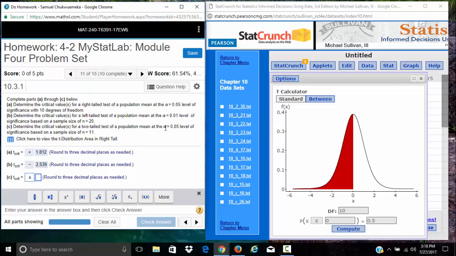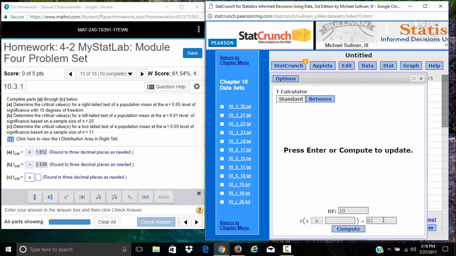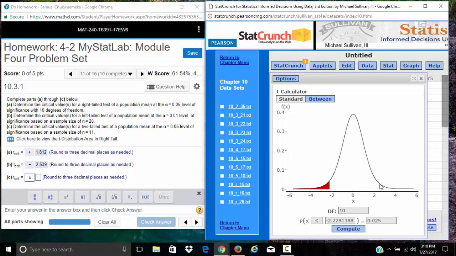The third thing to note with a two-tailed test, very important: the level of significance, you have to divide by 2. So you do 0.05 divided by 2, which is 0.025. Whatever they give you, just divide it by 2.